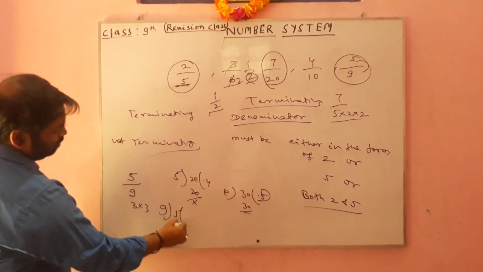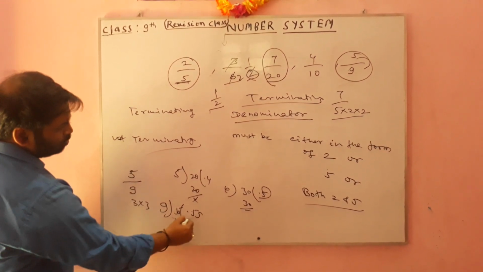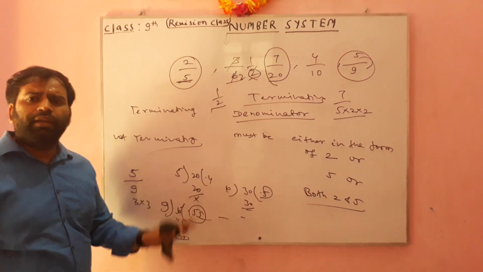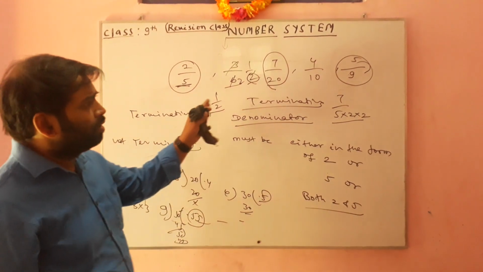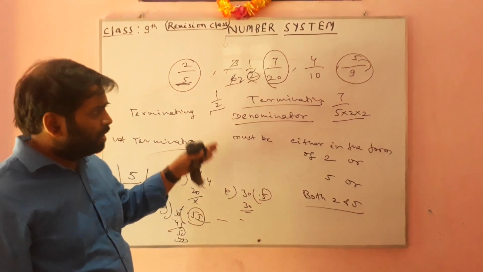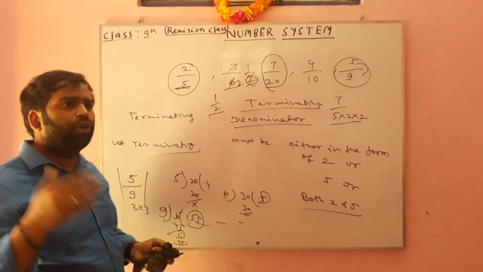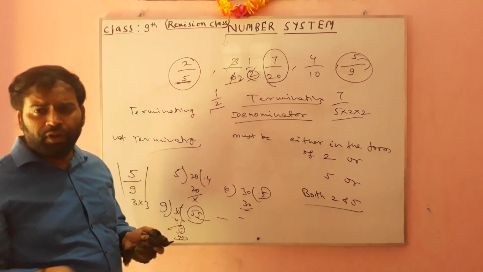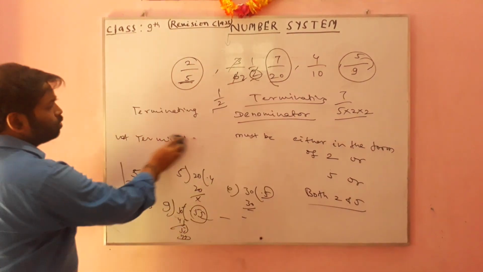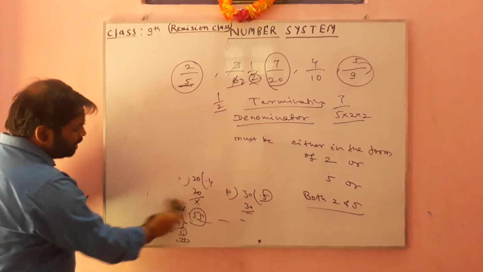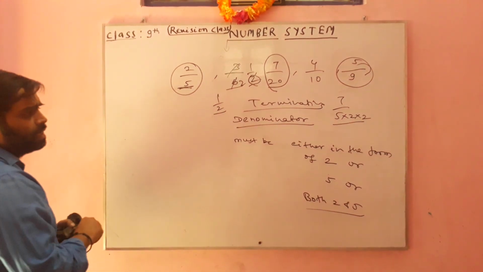If we divide, it goes on to infinite terms, so this is non-terminating. So what we justify is: if our denominator is in the form of 2, or 5, or both 2 and 5, then that rational number is terminating. And if our denominator has factors apart from 2 and 5, then it is called non-terminating.